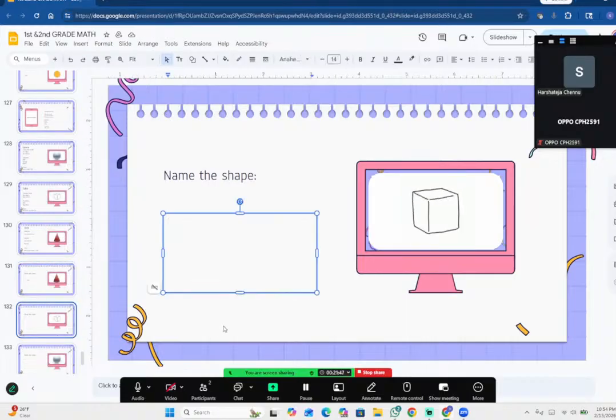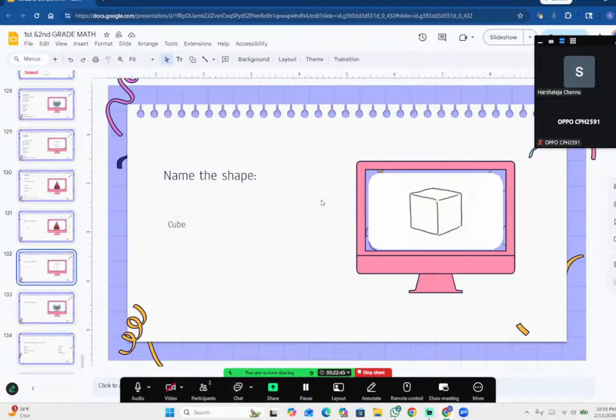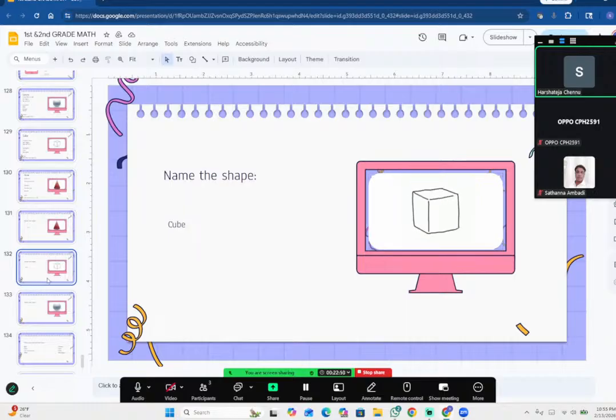Name the shape. So this is a cube. It has 6 square-sided faces, so we would identify that as a cube.